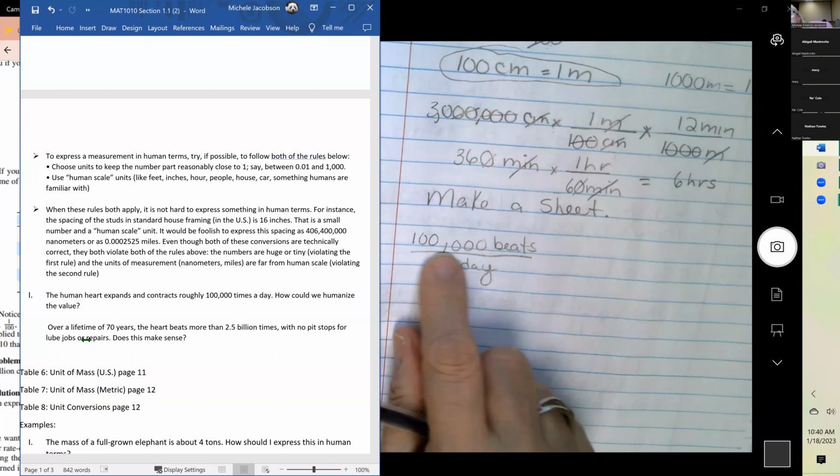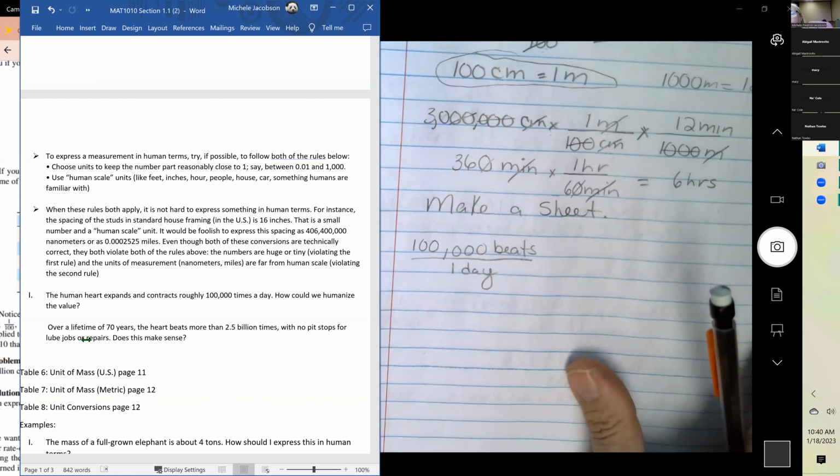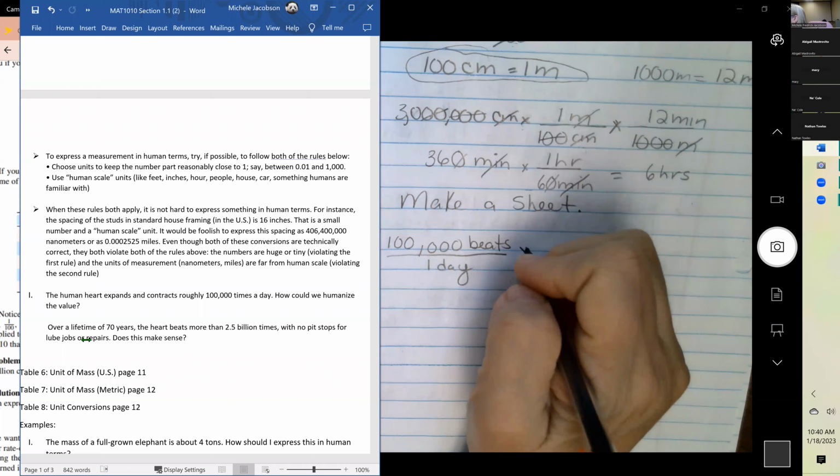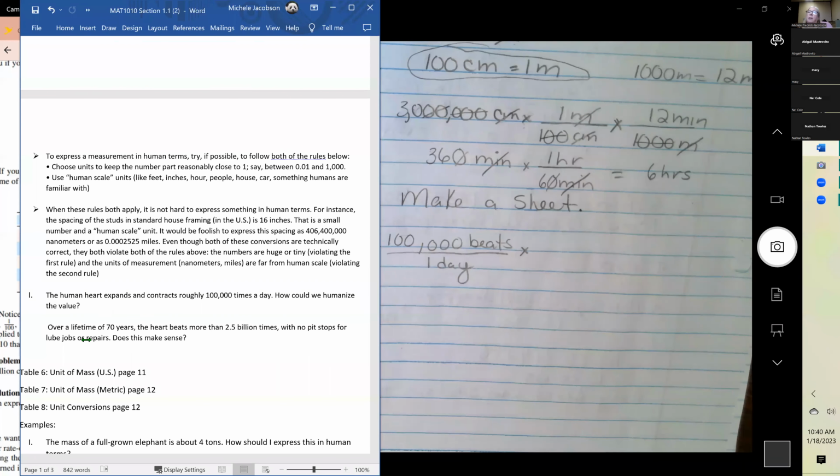So 100,000 beats in a day. We could convert it to years. Because if we go smaller, it's going to make it even larger. Do you see what I mean?